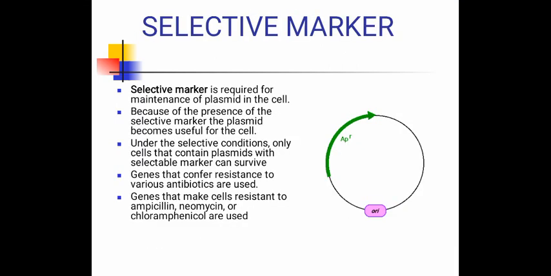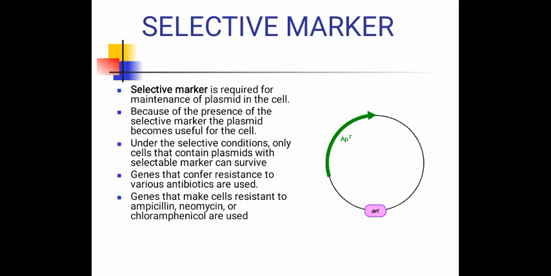Next, selective marker. A selective marker is required for maintenance of the plasmid in the cell. Because of the presence of the selective marker, the plasmid becomes useful for the cell. Under selective conditions, only cells that contain the plasmid with the selectable marker can survive.